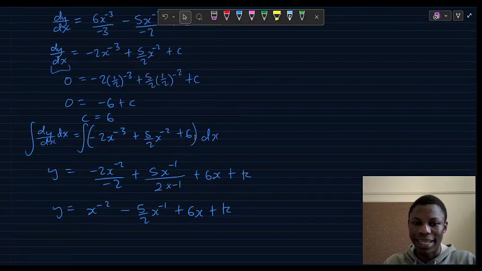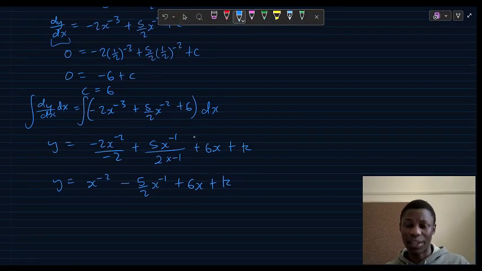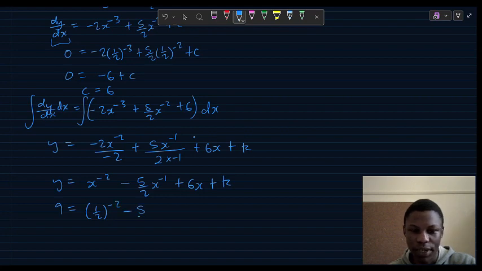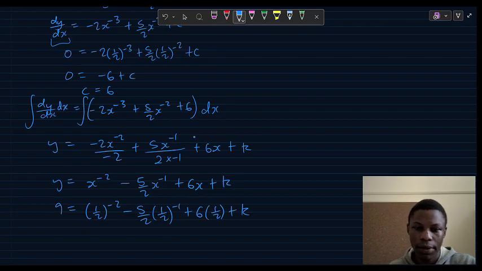So we know that when x is 1 over 2, y is equal to 9, and we can use that information to evaluate our constant of integration. So 9 is equal to 1 over 2 to the negative 2 minus 5 over 2, 1 over 2 to the negative 1, plus 6 times 1 over 2 plus k.